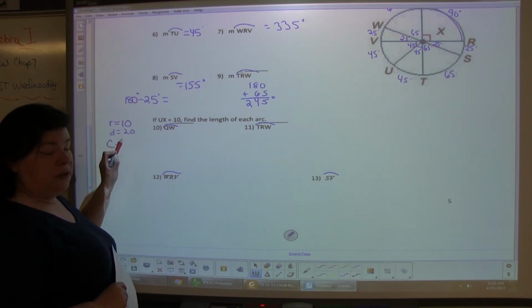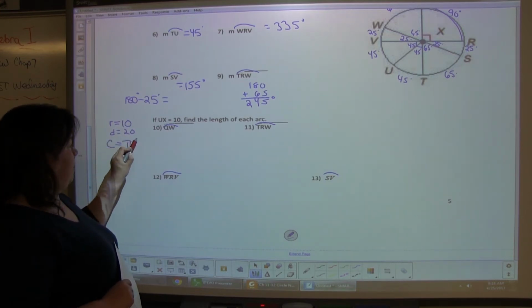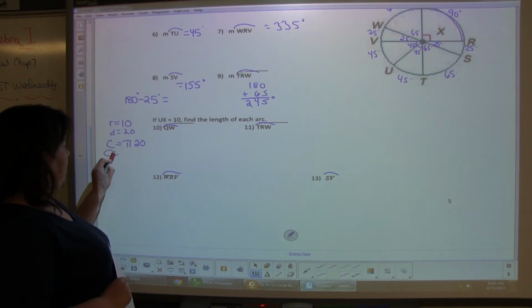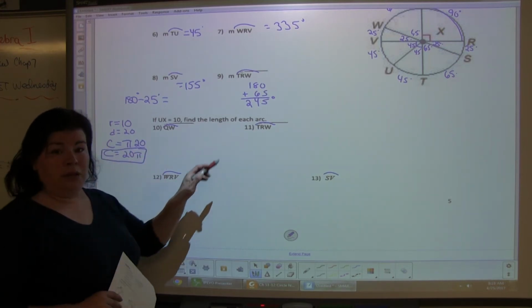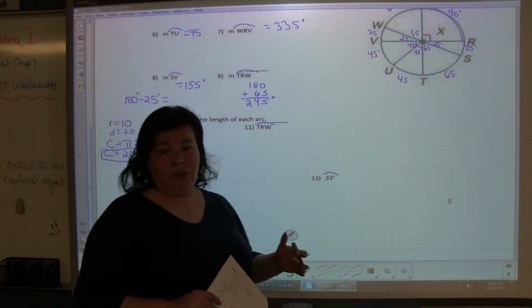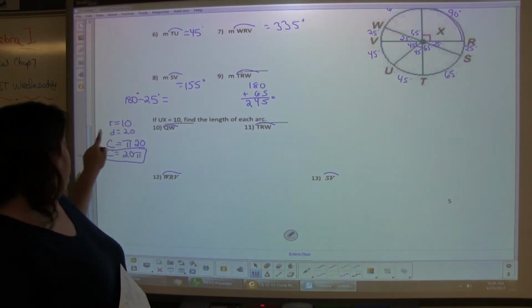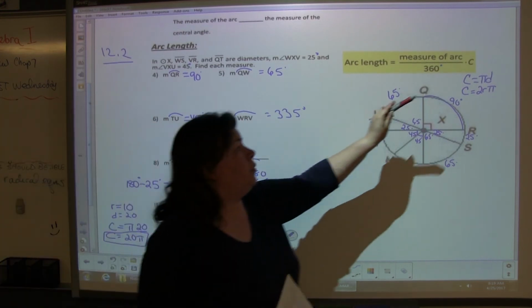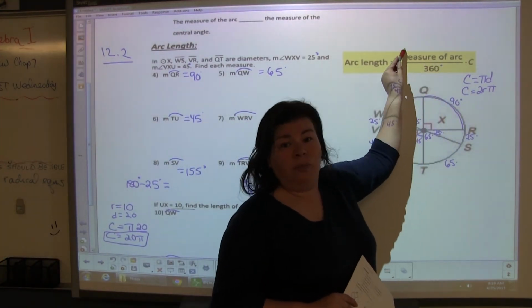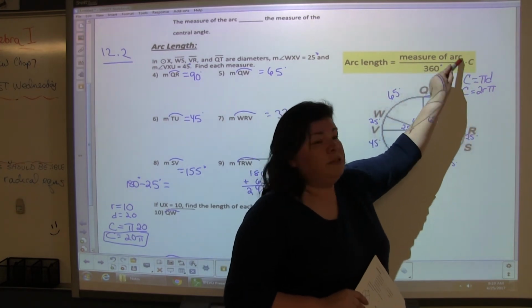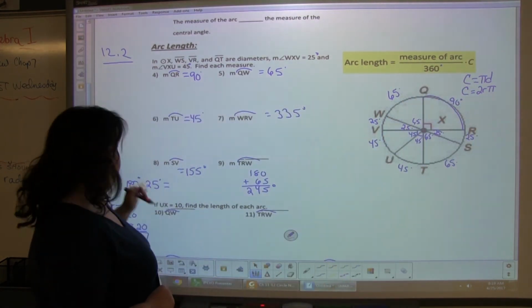So the circumference of our circle is pi times 20, which is 20 pi. So for each of these examples, our circumference is going to be 20 pi. So we're going to have to remember that because we're going to have to multiply our section of the circle, our portion of the circle, times our circumference, 20 pi each time.